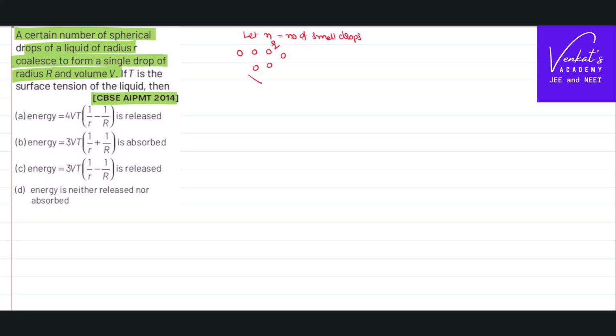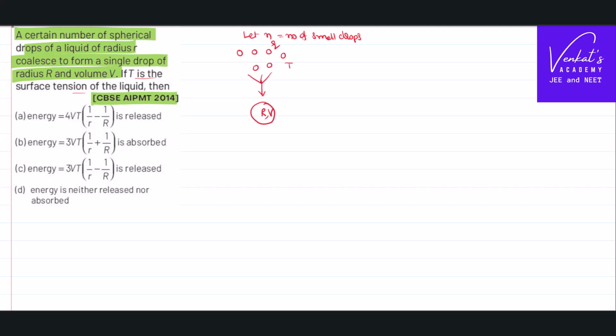These n drops combine together to form a big drop of radius R, volume V. Of course, T is the surface tension of the liquid. Then how much energy is released in this process?